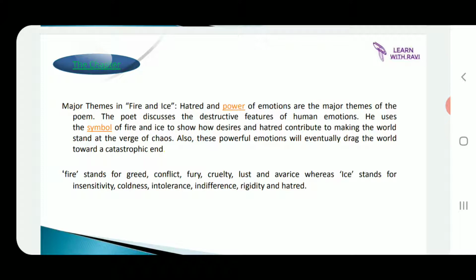Now, let me explain what is meant by greed, conflict, fury, lust. Nowadays in the world, we are already having something at our disposal, but we need more and more on a day-to-day basis because our needs and desires are getting unfulfilled.